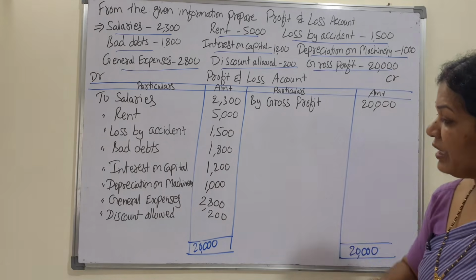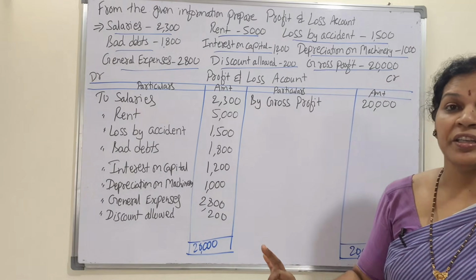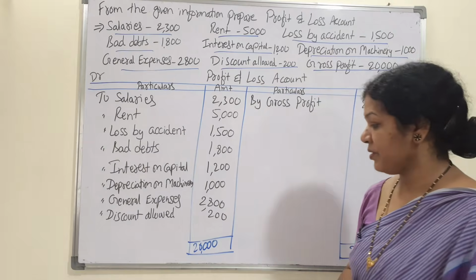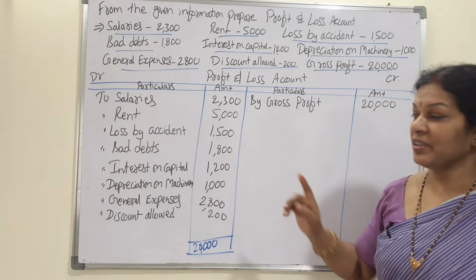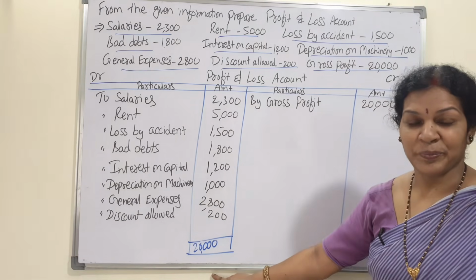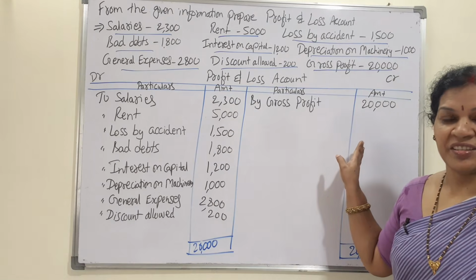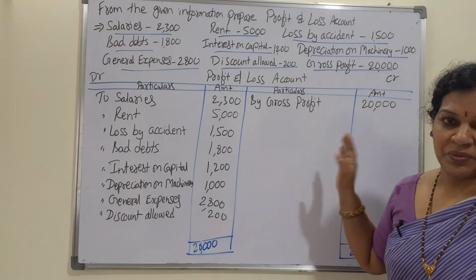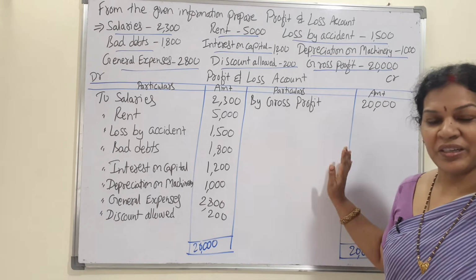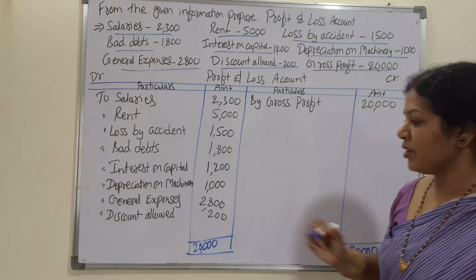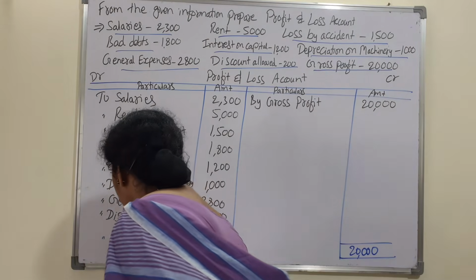Now from 20,000, if you deduct everything, you'll be getting net profit, because income is more, expenses are less. So we are getting net profit. If this is 30,000 and the credit side is less, then we would be getting 10,000 as net loss. Right now credit side is more, debit side is less. So we'll be getting the difference as net profit.